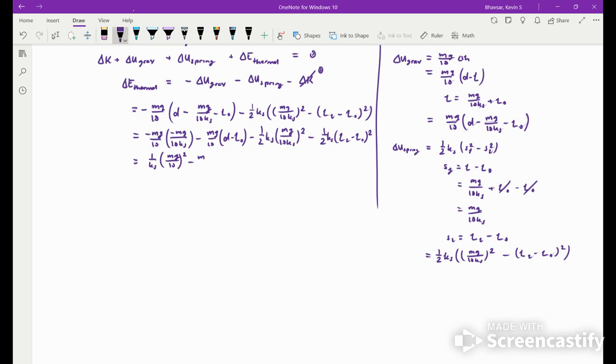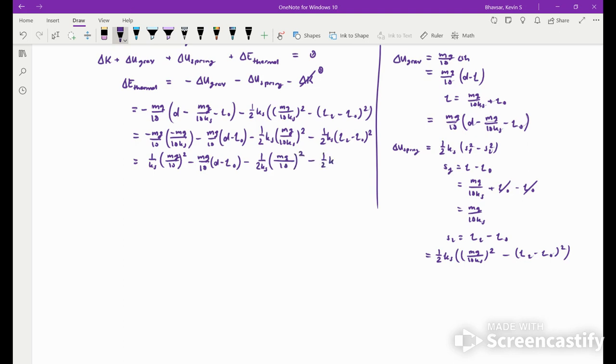This term does not change. This term, however, does. We can notice that this ks in the numerator will cancel with one of the ks's in the denominator since it's squared. So we can pull that one out: 1 over 2 ks times mg over 10 squared.